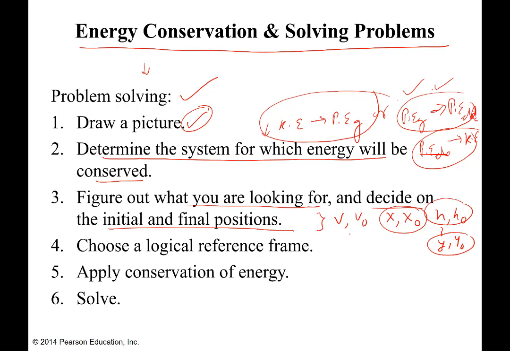Your conceptual understanding should be strong. To avoid confusion, I reiterate using the same symbols that you are used to. Choose a logical reference frame, apply the conservation of energy, and then go ahead and solve for these types of problems where you're using energy conservation.